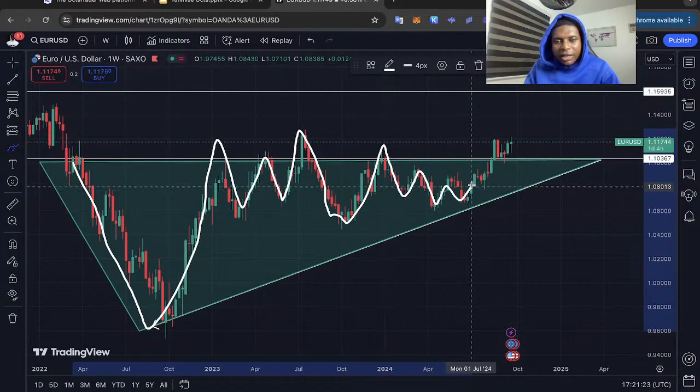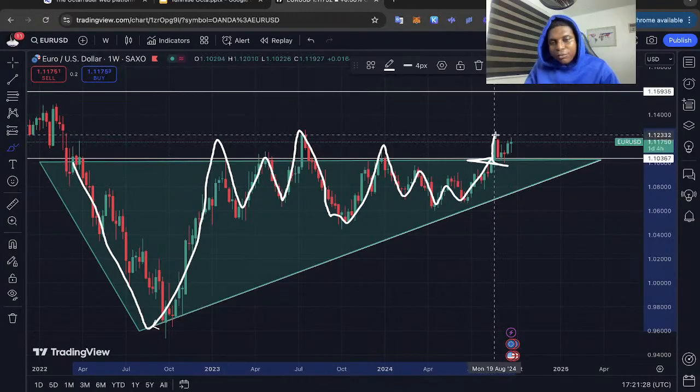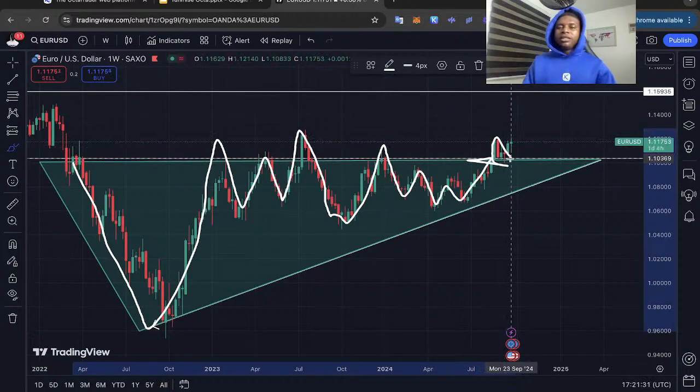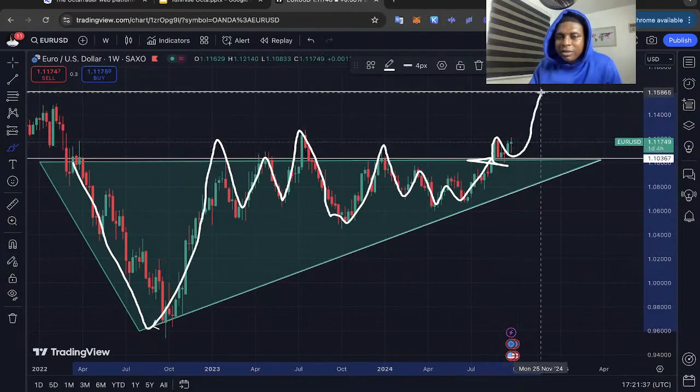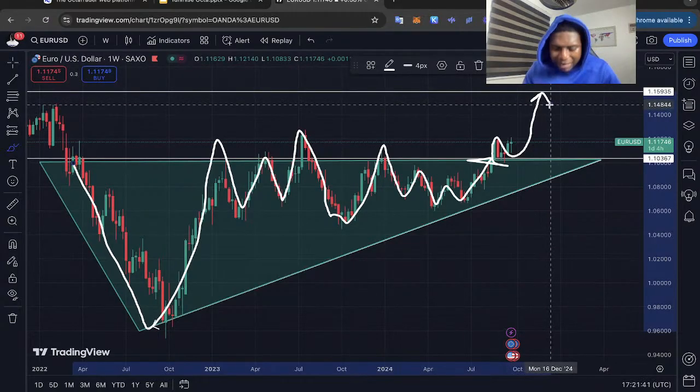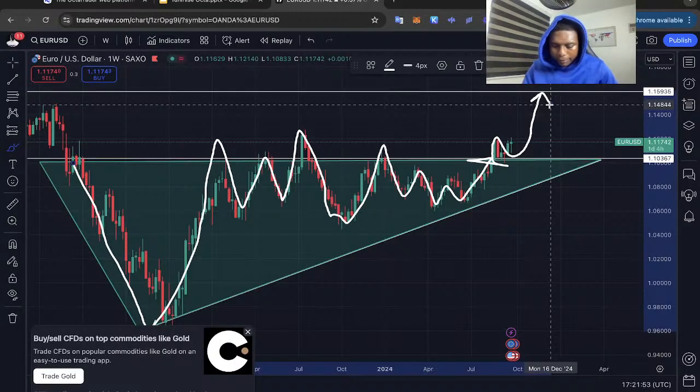Finally price had the opportunity to break out from this zone. It retested the already broken resistance turned support zone, and now what do you expect? The next push up in price. This is making so much sense right now.